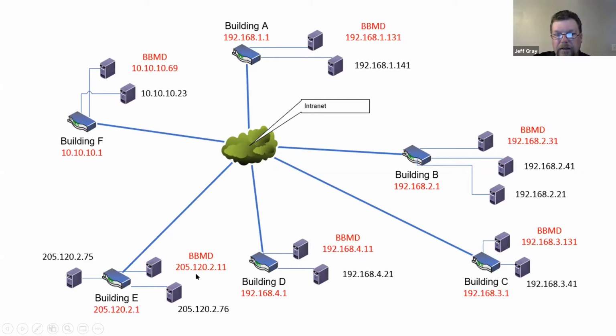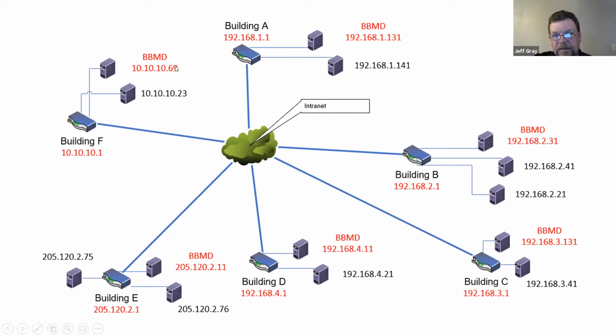That's the gateway. And all of the devices are 205.120.2. whatever the number of that device is. And then building F is 10.10.10.1 for the gateway. And the BBMD is 10.69, and other devices are 10.23, then 10.34.